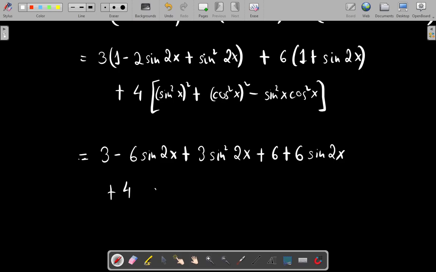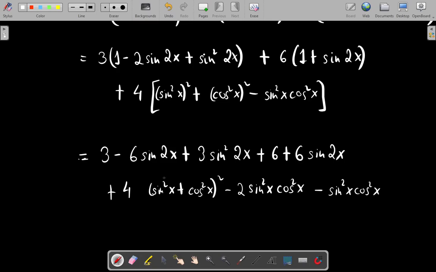So this is (a plus b) whole square minus 2ab. This is just this expansion, a square plus b square, and then we have an additional minus sin square x cos square x.